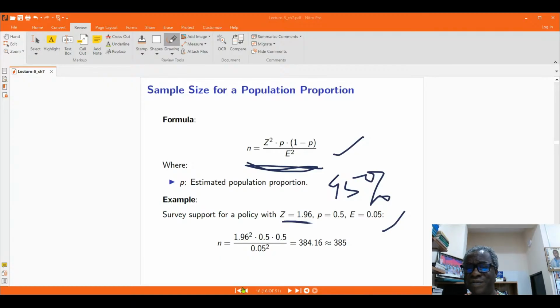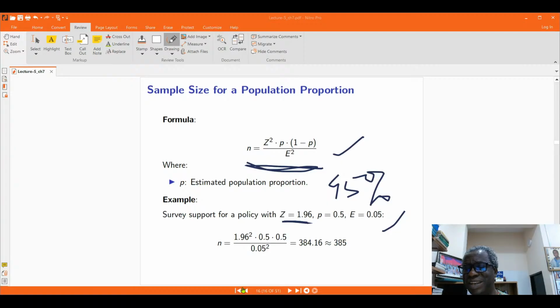Since we are talking of sample size, there is no half human being, no 0.16 human being, or even animal, or even any object. So since you are selecting individuals, you can approximate downward, upward. That's why you have 384.